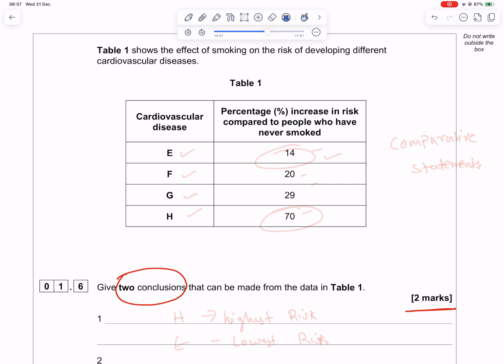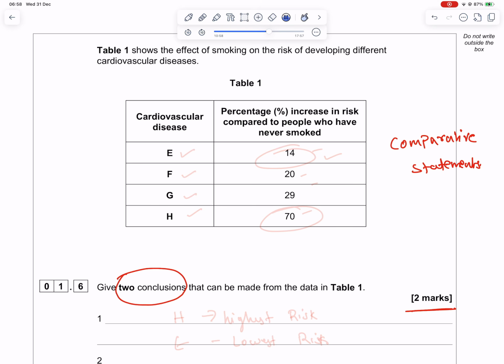They're given 2 columns, and they're asking me to make a conclusion from a table of data. So I have to give something called comparative statements. When giving these comparative statements, it is always good to use the numerical data listed here.